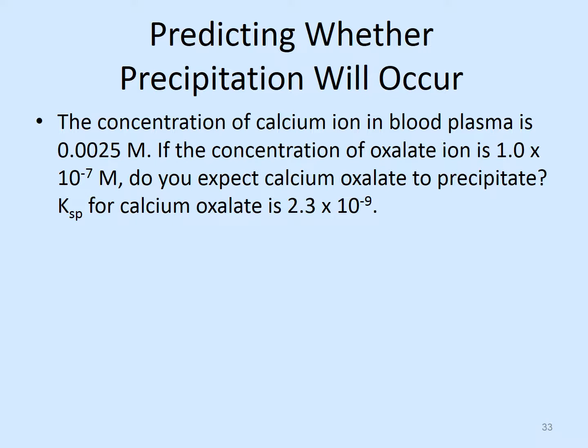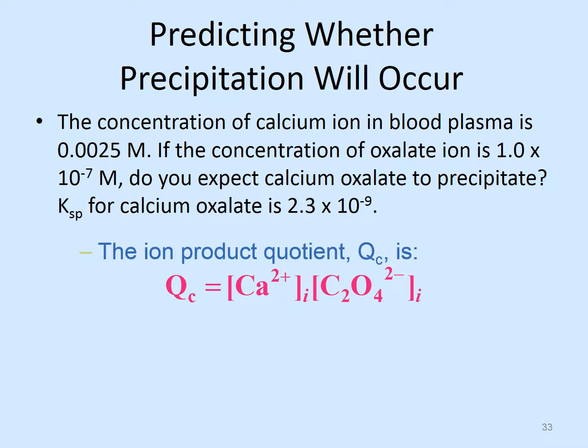All right, so the precipitation reaction that we're looking at is the calcium oxalate. CaC2O4 dissolving into Ca2+ plus C2O4 2-. So we can write the ion product quotient, QC equals calcium ion initial times oxalate ion initial.